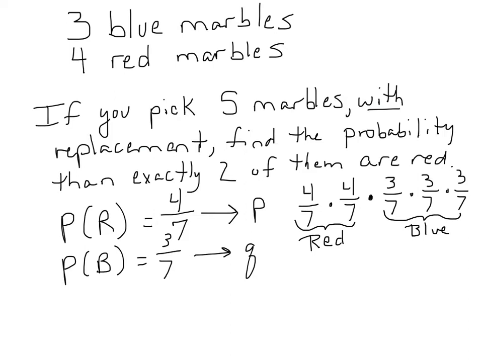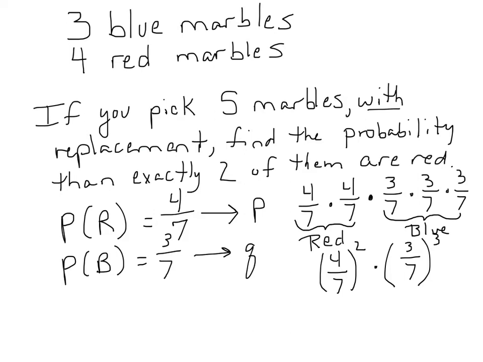The probability that I picked 2 red is actually going to be 4/7 squared, because I need red times itself. And then the probability that I pick non-red, or blue, would be 3/7 cubed, because there's 3 factors of that.